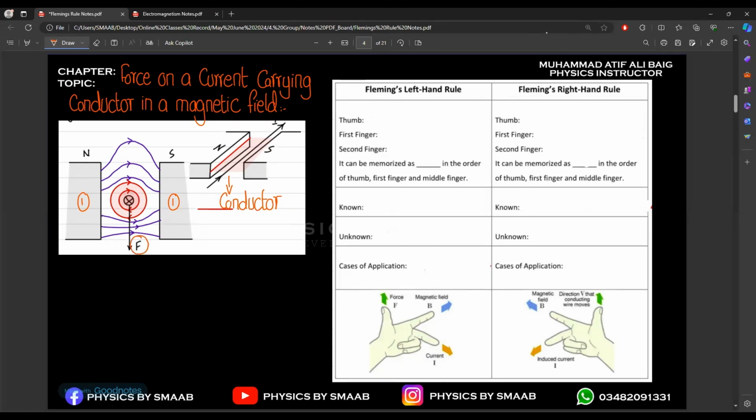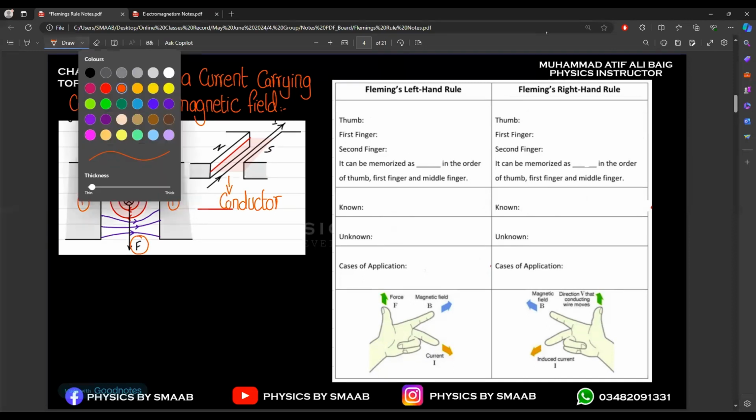because we have a current moving in the conductor and there is already a magnetic field.